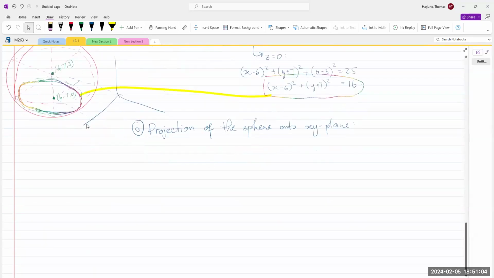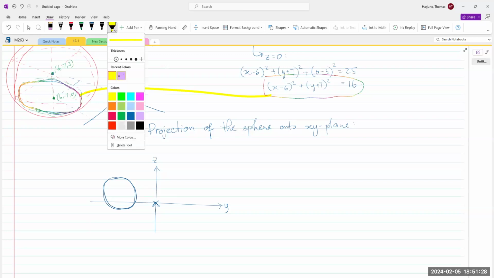Think about it as if we see that from sideways. Let's say you have this sphere here, and the x-axis is coming out from this point, the y-axis is here, the z-axis is here. This is our sphere. If we project this sphere on the xy plane, what should it look like?